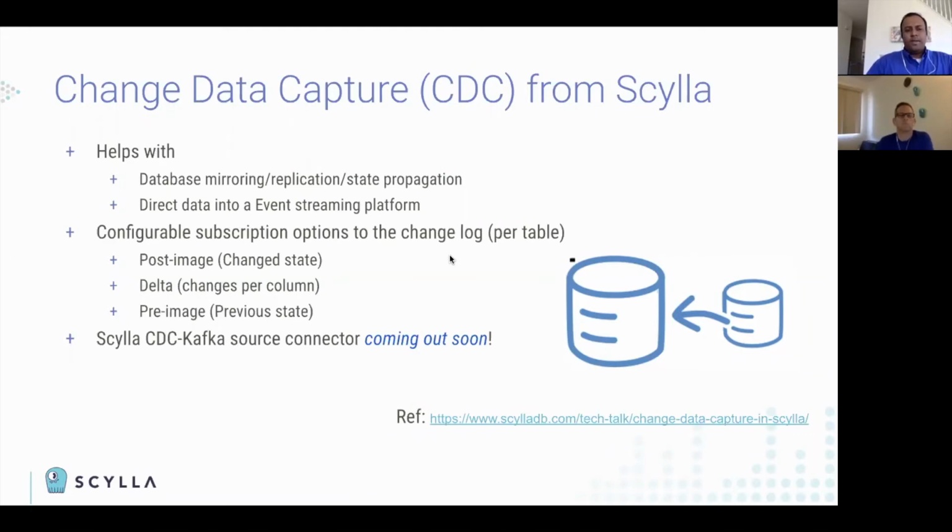And also we are releasing a Scylla CDC Kafka source connector soon. So this should really help in streaming out the changes to Kafka so you can integrate various microservices or KSQL or Pulsar functions, whichever transformations you want to apply, whether it might be single message transforms or a transformation for a stream of events which is coming in.